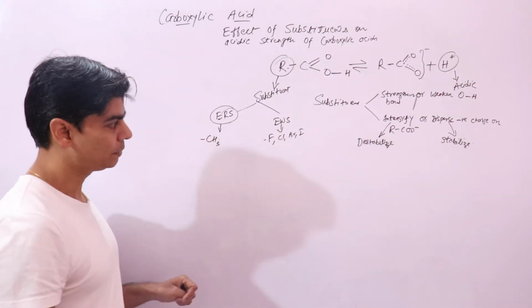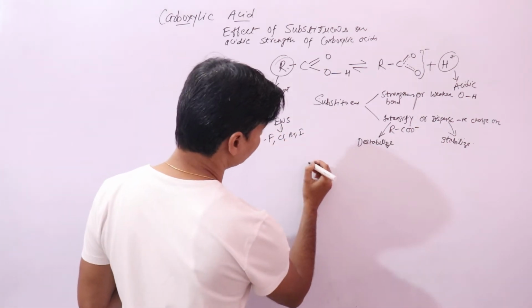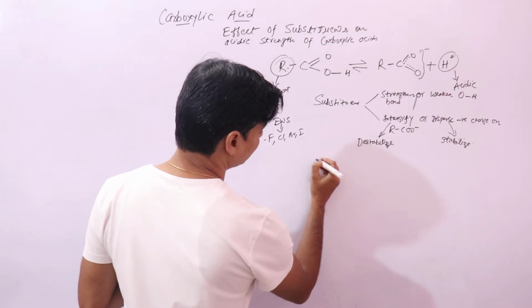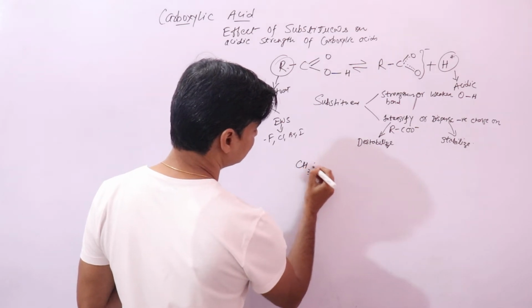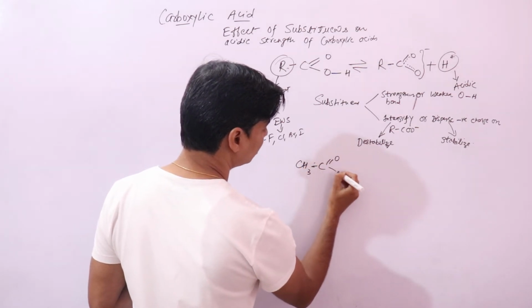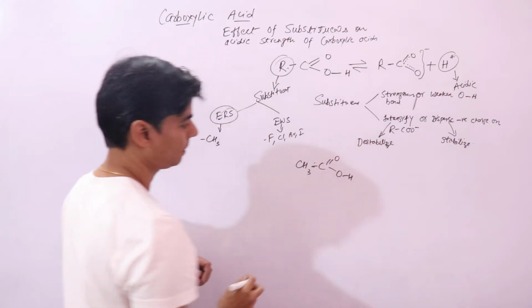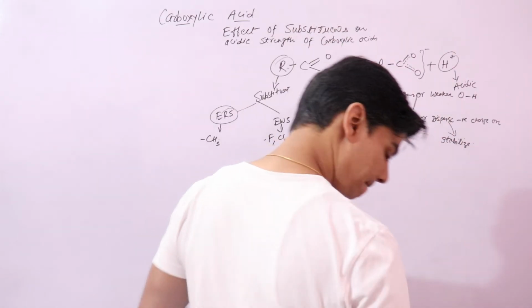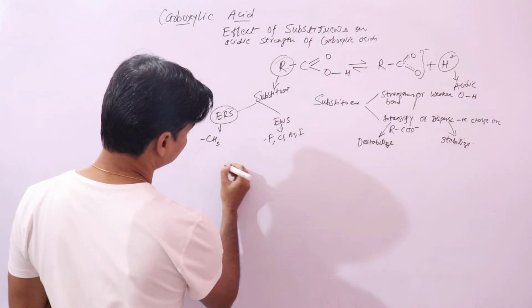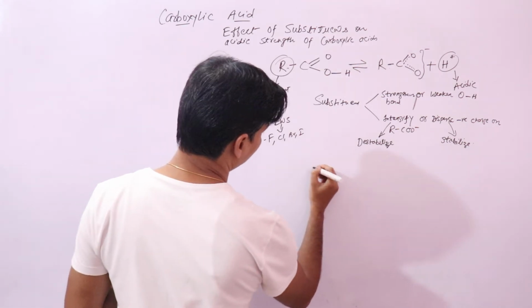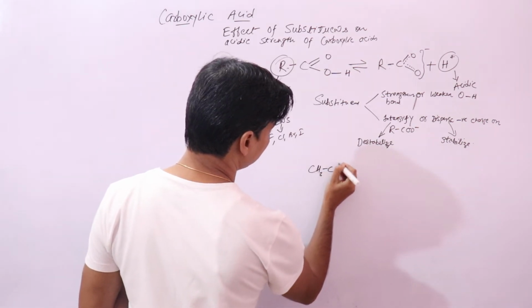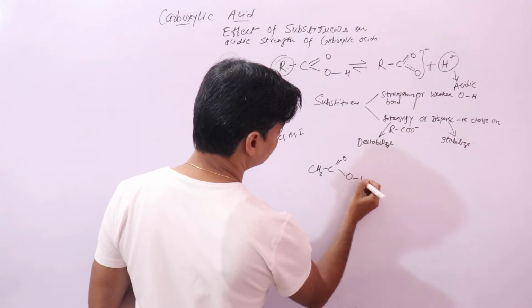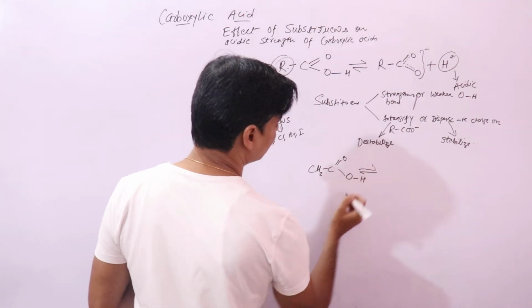Now let's take one example of acetic acid, CH3 C double bond OH, right? Let me just write it here.